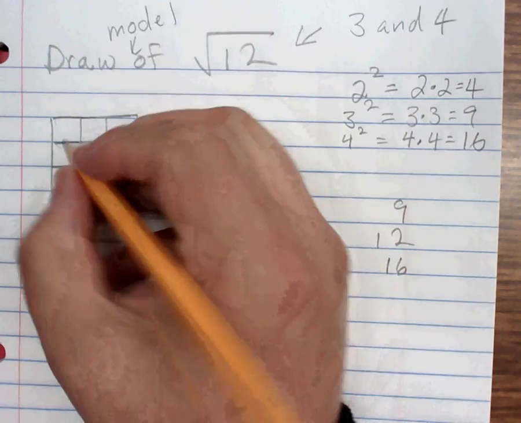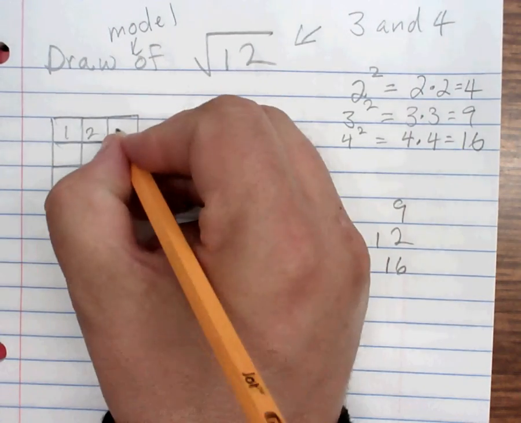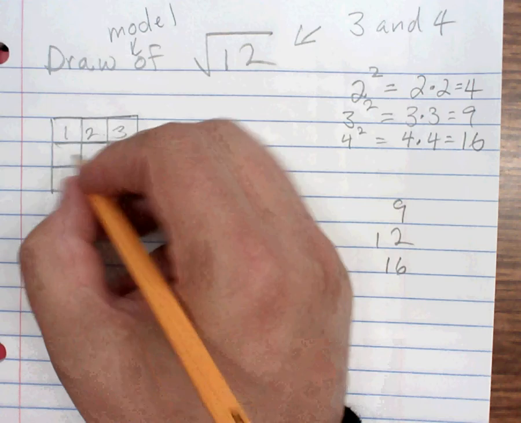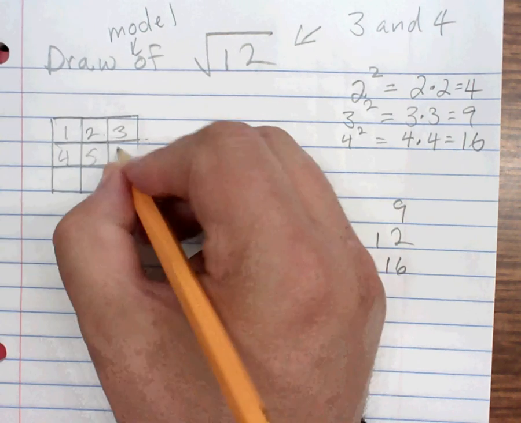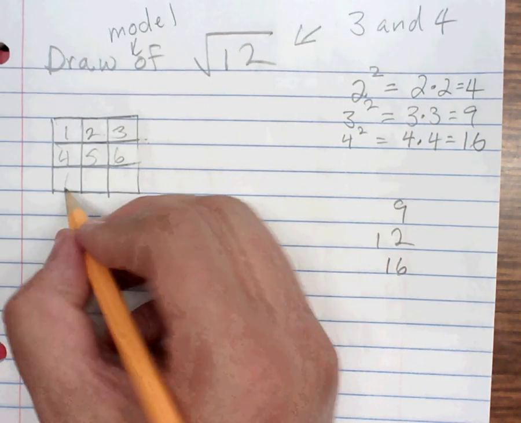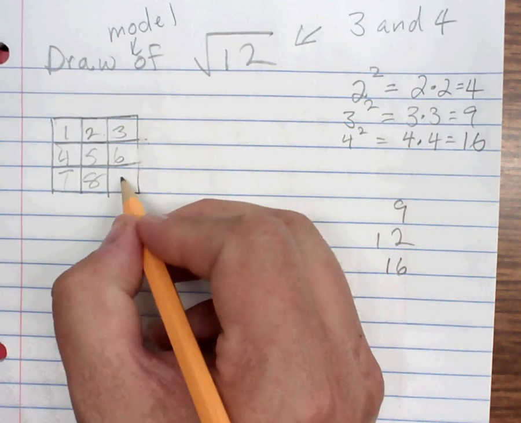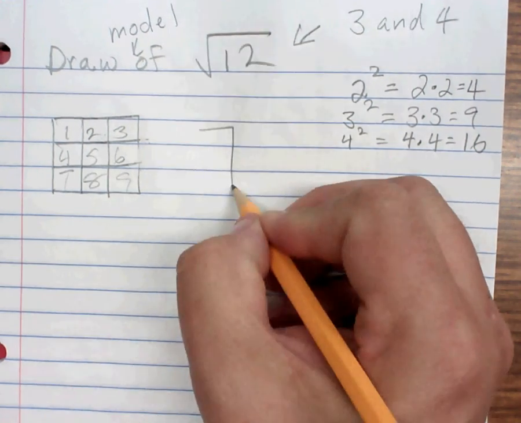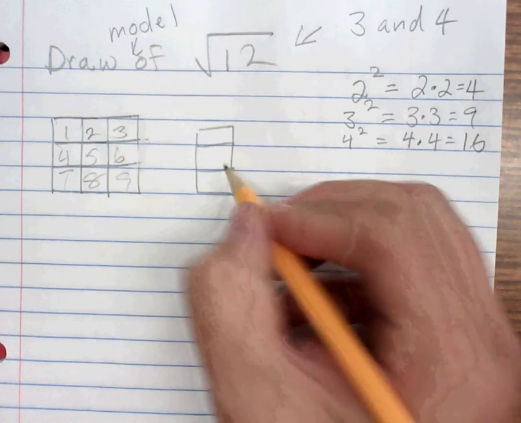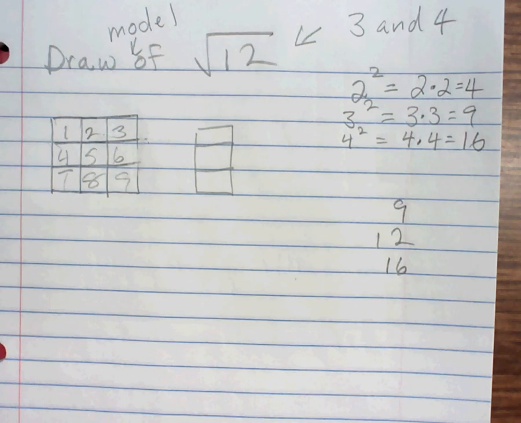Okay. That doesn't really help me a whole lot, because I've got to pull squares out. If I pull this out, I'm just going to have 3 things left like that. So I've got to pull squares out. That's too big.